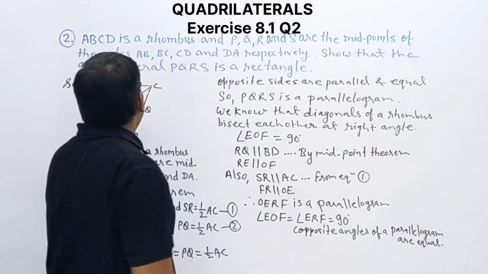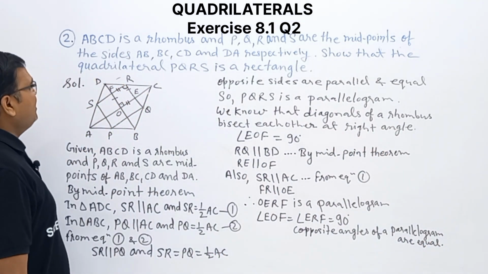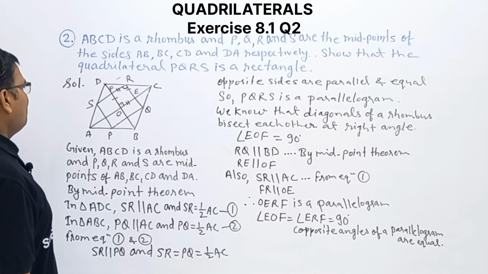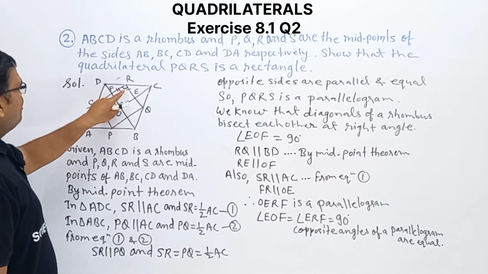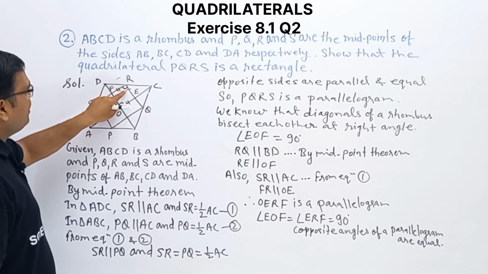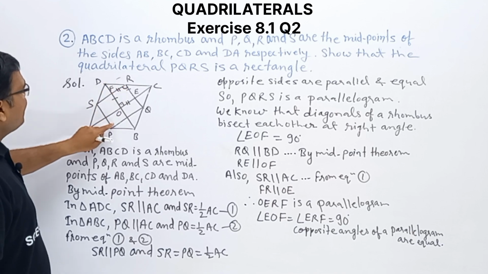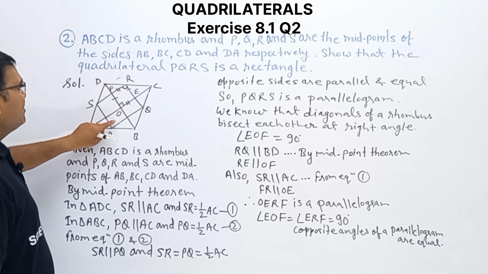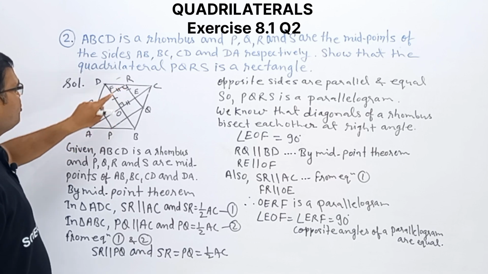So we can say this angle equals this one, and they are 90 degrees. So we can say this equals this one. This one is 90 degrees. Automatically this angle will be 90 degrees. Its opposite angle is this one.